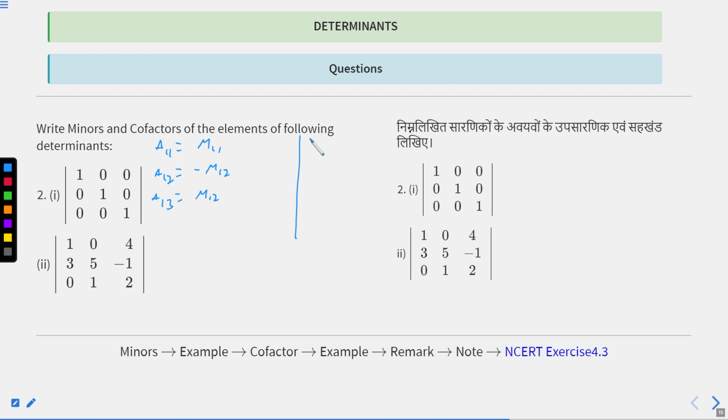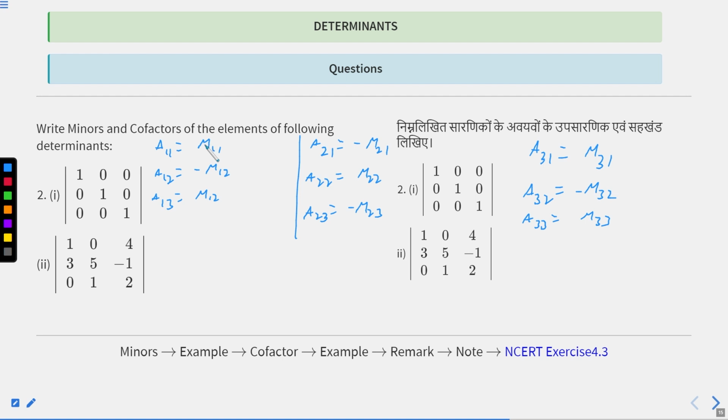Now A21 will be minus M21. A22 means M22. A23 means minus M23. A31 means M31. A32 means minus M32, and A33 means M33. Simple.